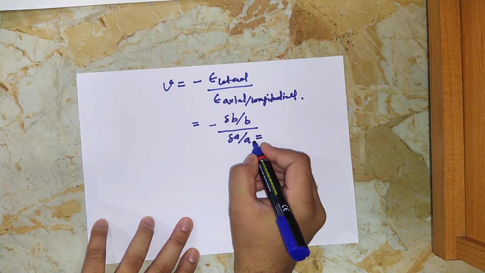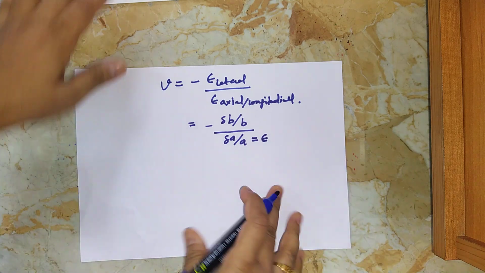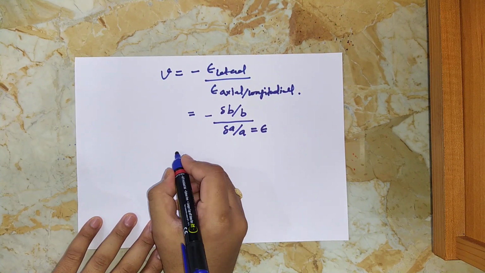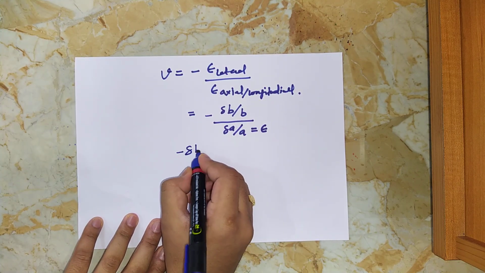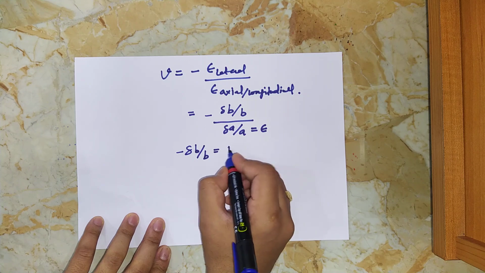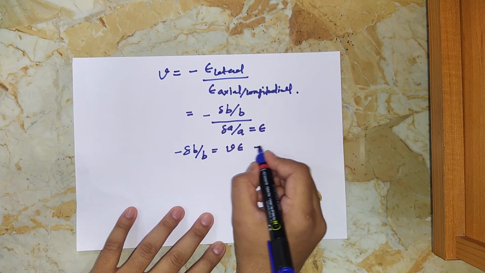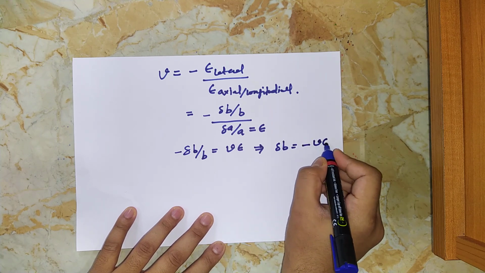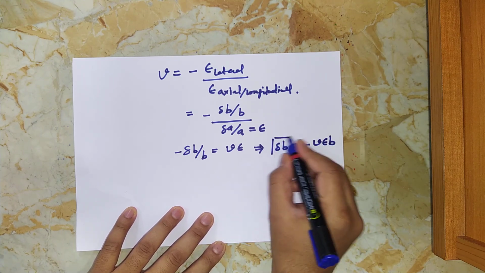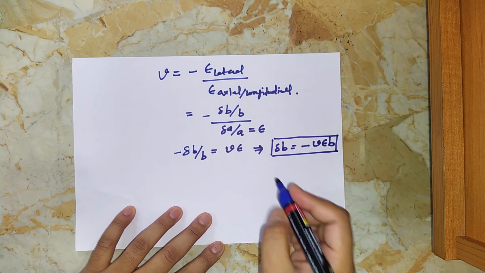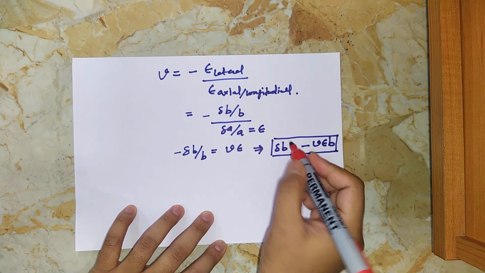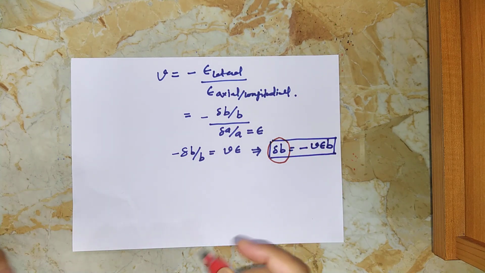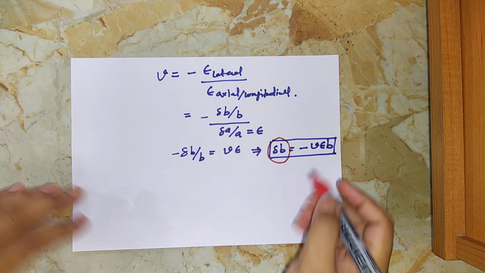Since we have already assumed this strain as epsilon, we can write minus del b upon b as nu into epsilon, or del b is equal to minus nu epsilon into b. So now we are able to calculate what change in the lateral dimension takes place when the material elongates in the axial direction, giving us strain epsilon.